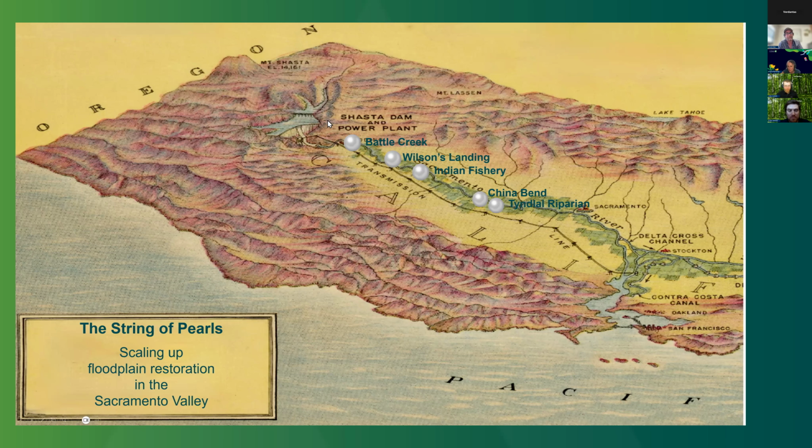And it's only if we can tie them all together, if we can think about a project that moves along the entire 300 miles of the Sacramento, and that each one of those small projects is linked to the next, and therefore allowing these fish to have access to rest stops, to bug buffets, to access the remaining habitat and to enhance that habitat in a way that really can get us to a landscape scale.